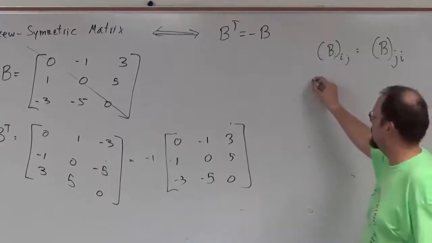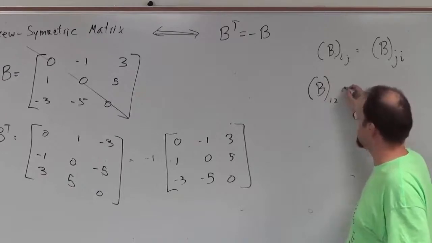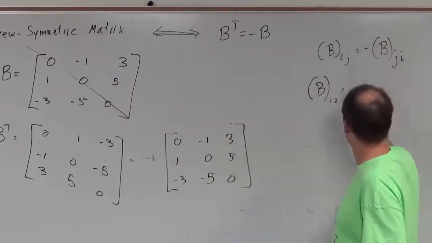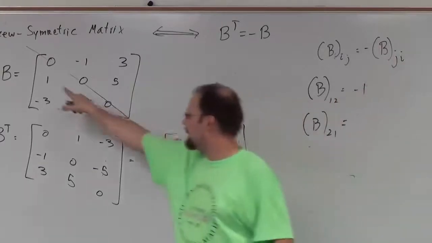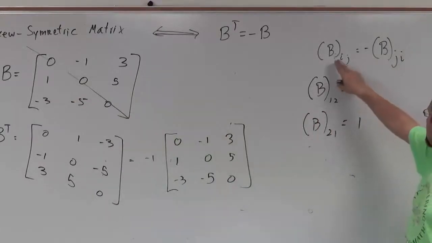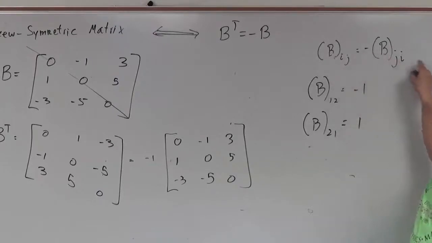The 1, 2 entry in our matrix is -1, and the 2, 1 entry is +1. So the ijth entry has to be the negative of the jith entry. That's the way you define the skew symmetric matrix using index notation.